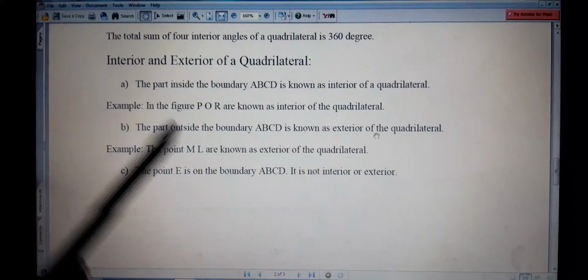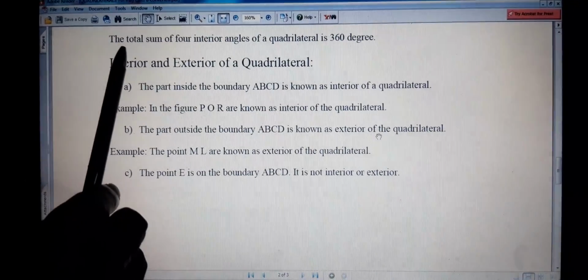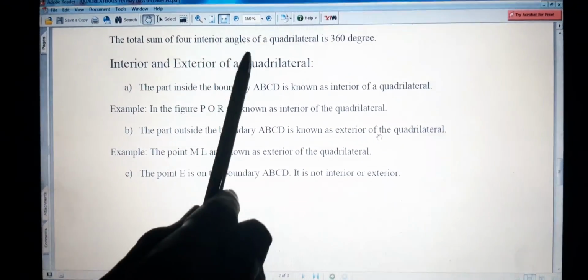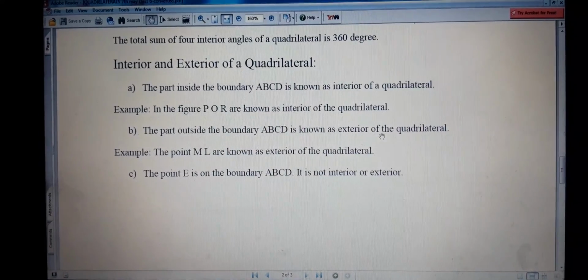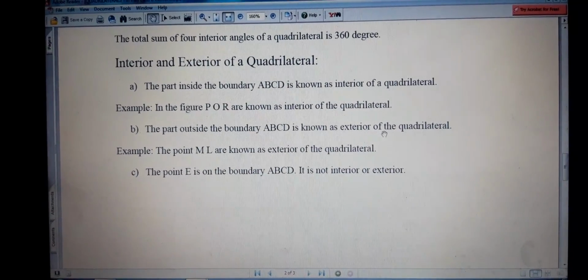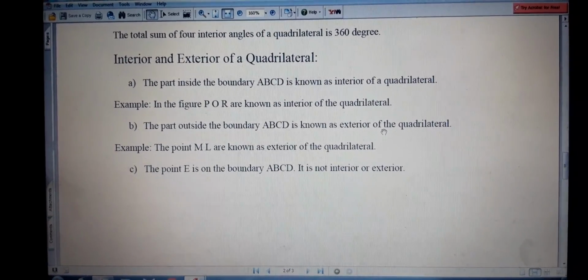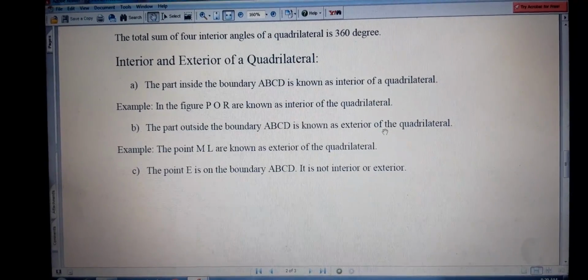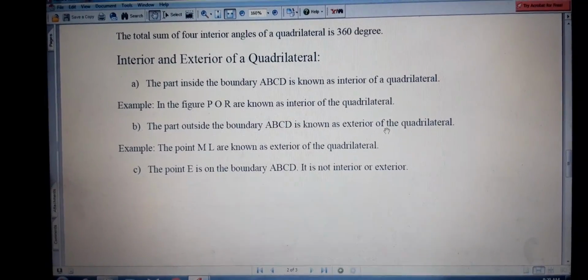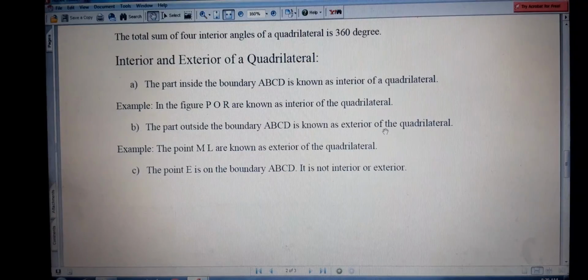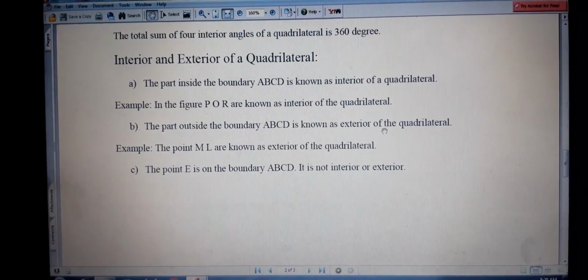You have to remember this: the total sum of the four interior angles of a quadrilateral is 360 degrees. All quadrilaterals have four interior angles and the sum of the interior angles is 360 degrees.